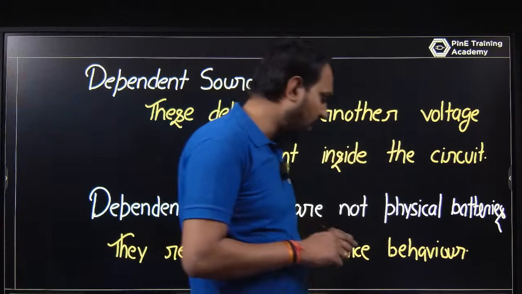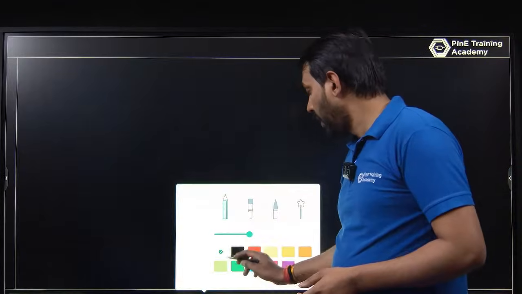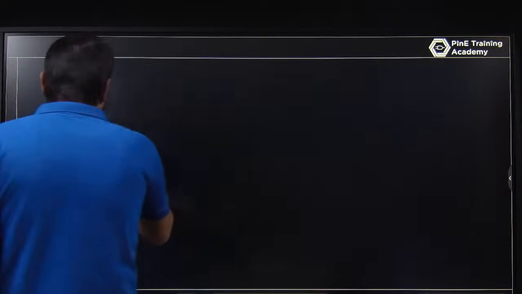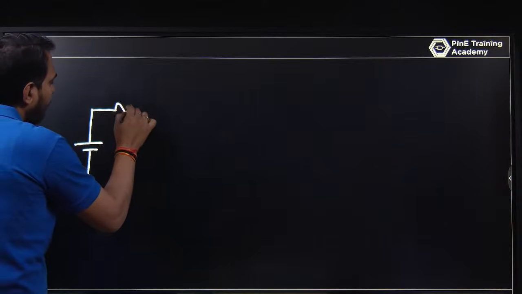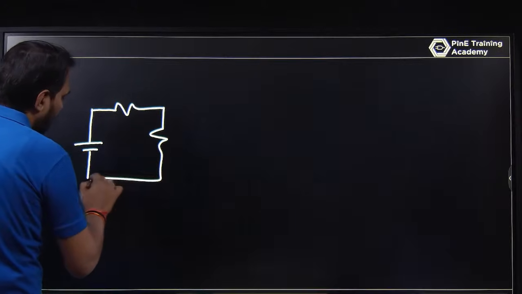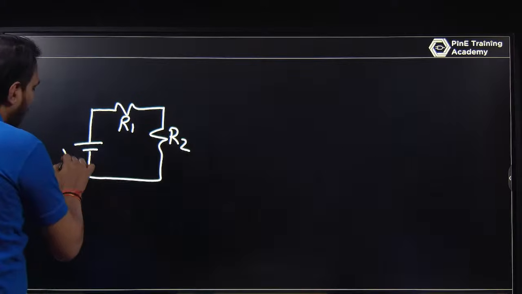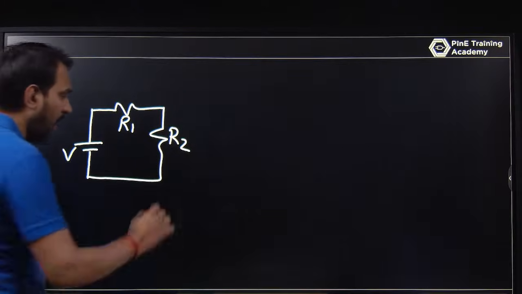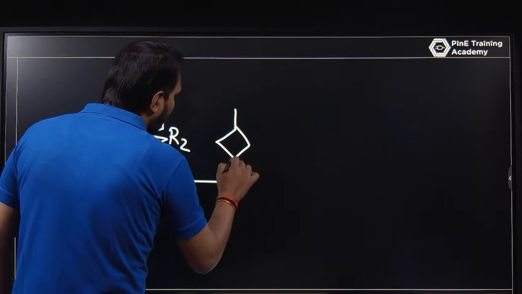Just think in this way: you have a voltage source, just like an independent source, and you have a resistor R1 and a resistor R2, and the voltage is V. And I am saying you have one dependent source.